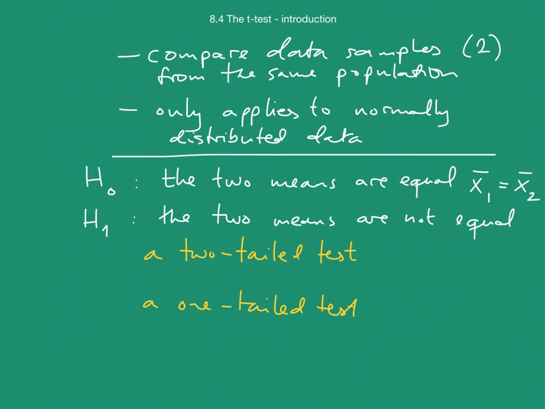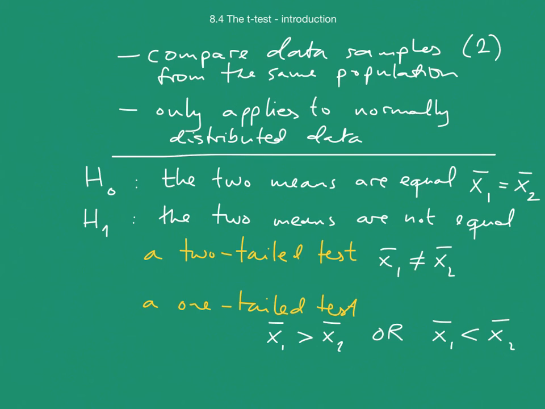For a two-tailed test, the alternative hypothesis is going to be the mean of the first sample is unequal to the mean of the second sample. Simple. In a one-tailed test, you either say that the mean of the first sample is greater than the mean of the second sample, or you hypothesize that the mean of the first sample is smaller than the mean of the second sample.